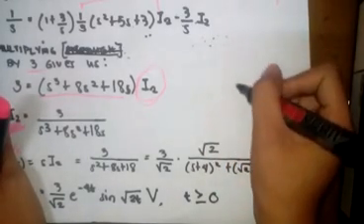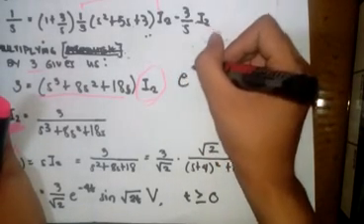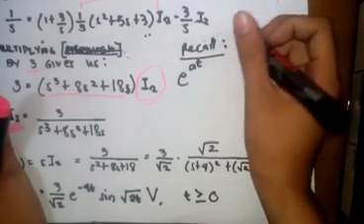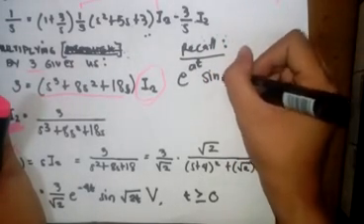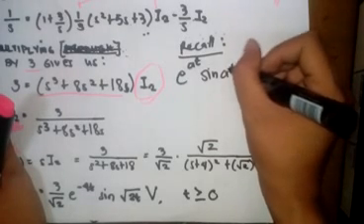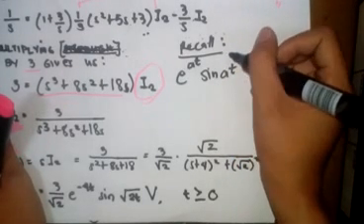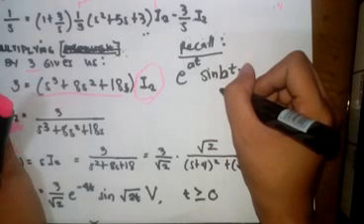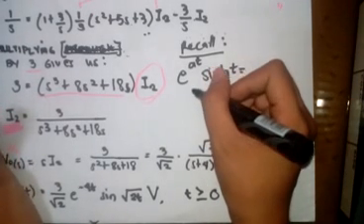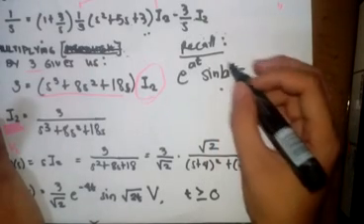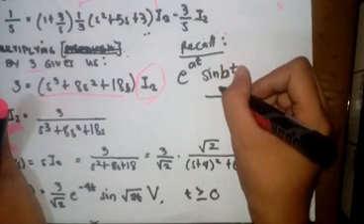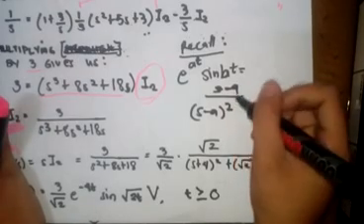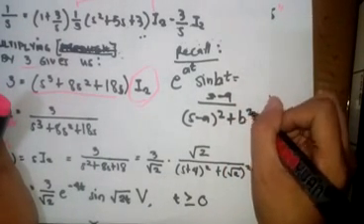Recall that for this type, we have e^(at) multiplied by sine bt, which would be equivalent to s minus a over s minus a squared plus b squared.